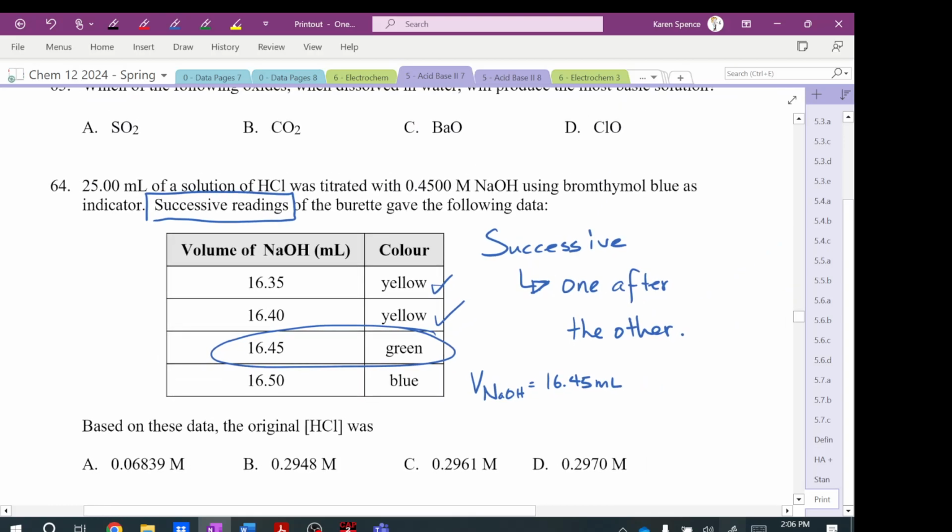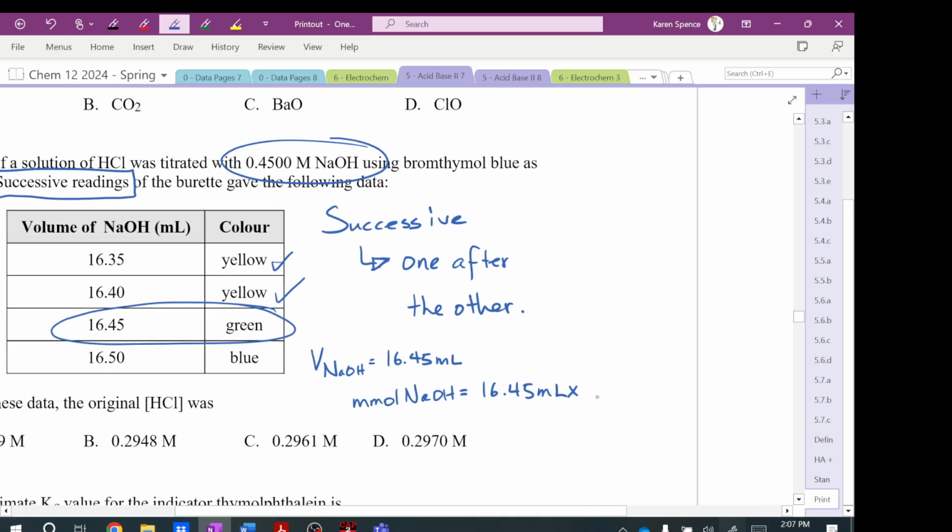We want to know the original concentration of the HCl. You guys okay if I work in millimoles? Okay, so we have 16.45 milliliters. So the millimoles of NaOH is 16.45 milliliters, and the concentration of the NaOH is 0.45 moles per liter.